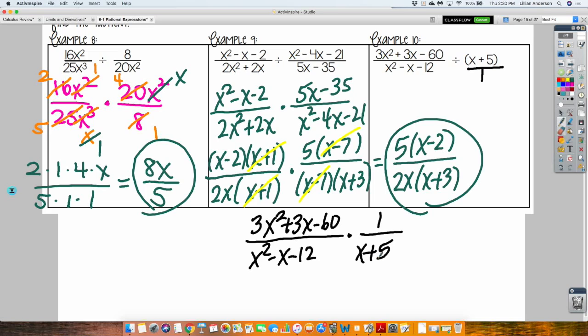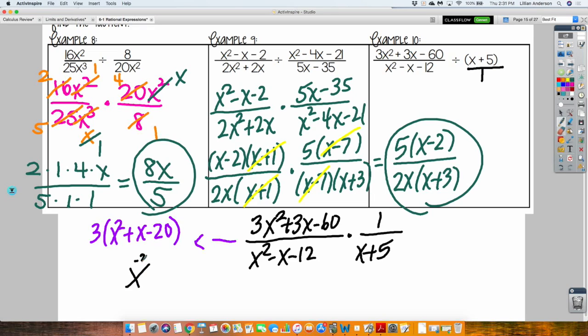How do I factor 3x squared plus 3x minus 60? GCF. There's a 3 in common between all of these. Okay? So if I take out a 3, what does that leave me with? Can't I keep factoring that?